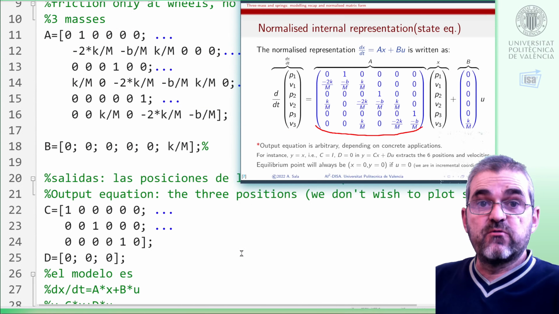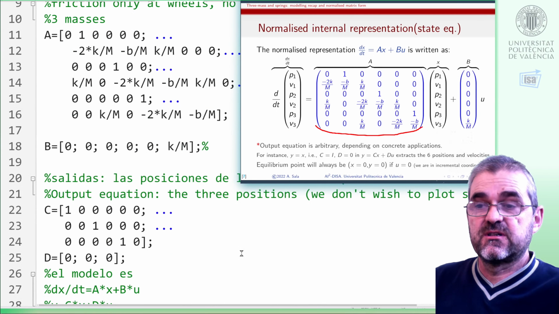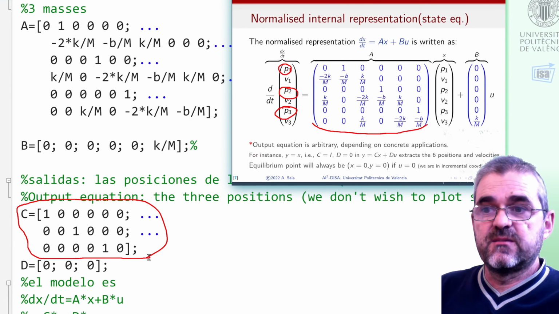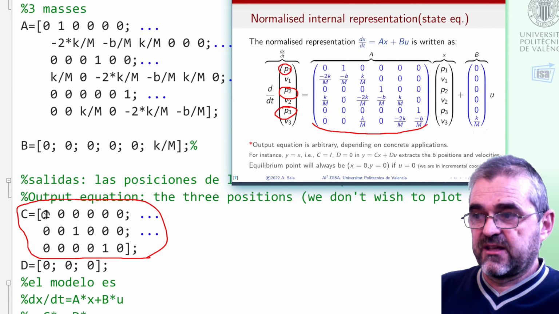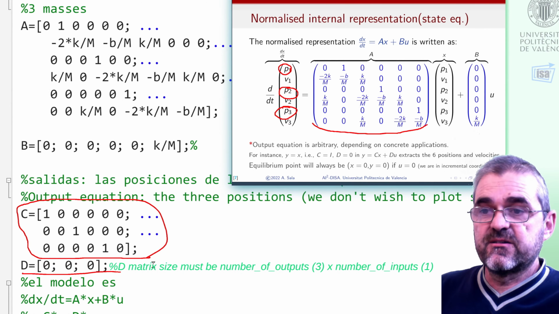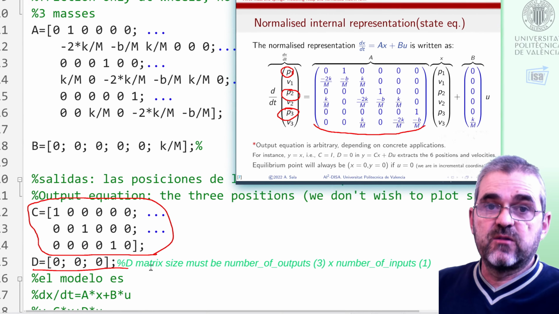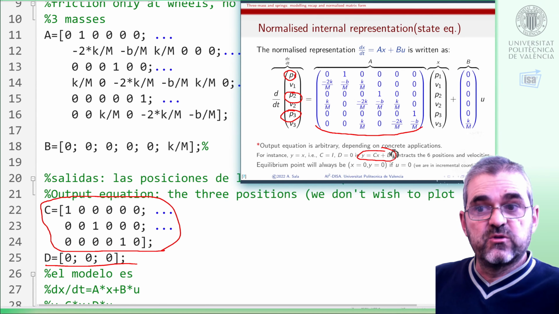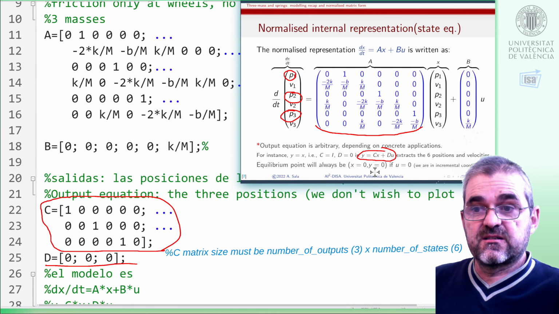In this problem, we don't wish to plot the speeds, we just want the positions. Positions are the first, third, and fifth state variable. So this C matrix extracts the first, third, and fifth state variables, and then the matrix D is 0, but as there are 3 outputs and 1 input, the dimensions of D must be 3 times 1 in order for this expression to make sense, and matrix C is, of course, 3 times 6.